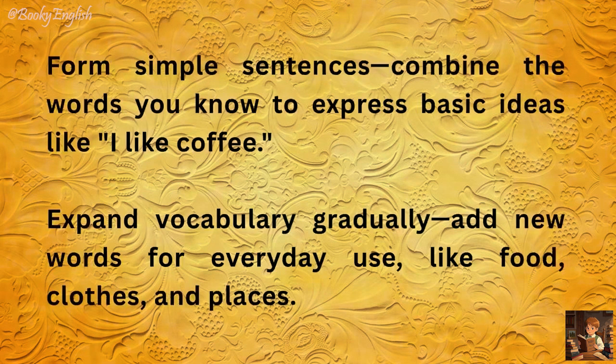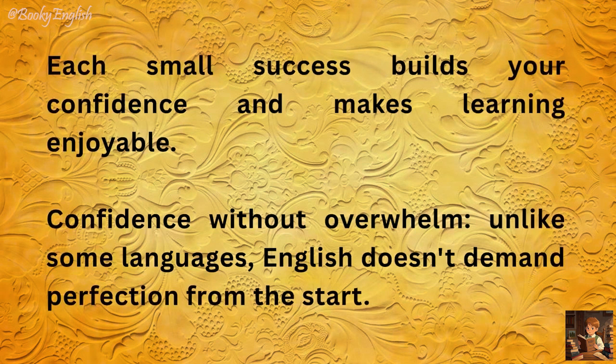Form simple sentences. Combine the words you know to express basic ideas like, I like coffee. Expand vocabulary gradually. Add new words for everyday use, like food, clothes, and places. Each small success builds your confidence and makes learning enjoyable.